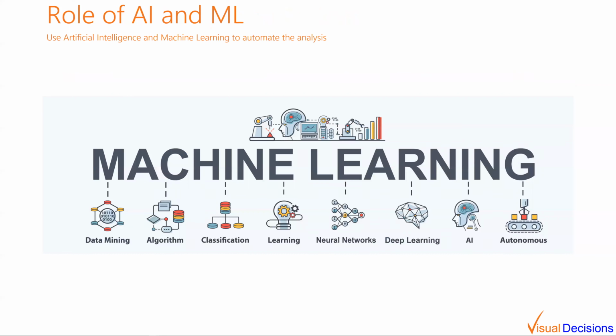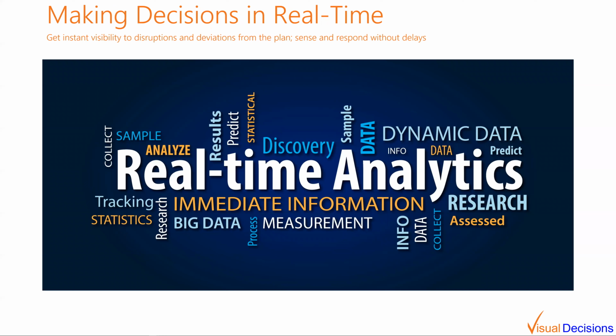So I alluded to this a little bit in terms of being able to utilize artificial intelligence and machine learning to automate this analysis, and being able to do this in real time.